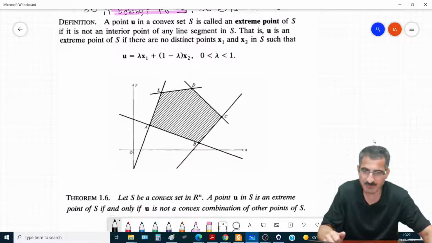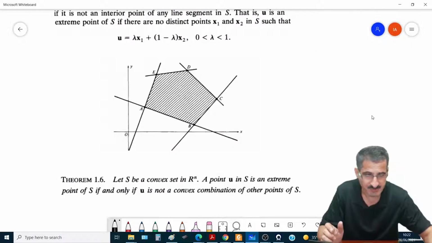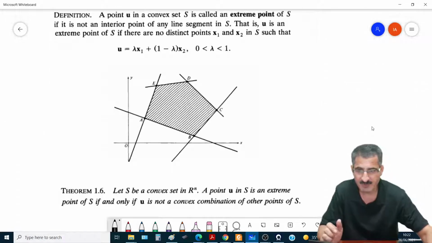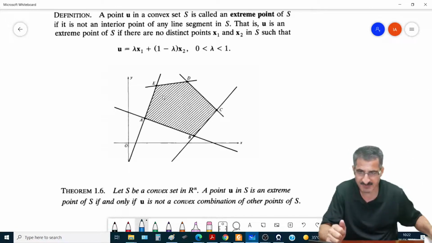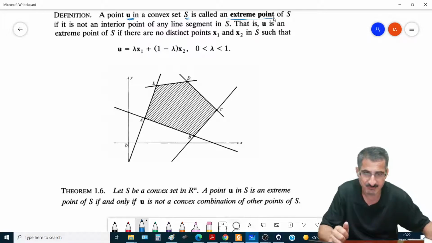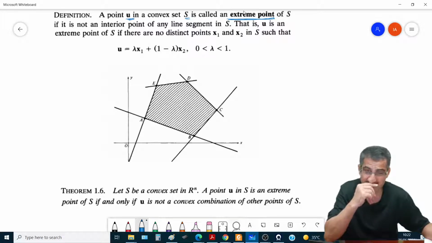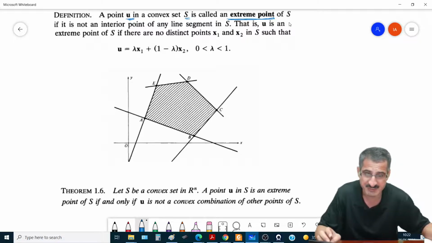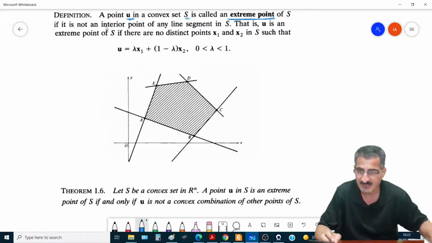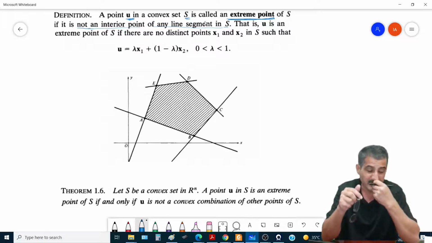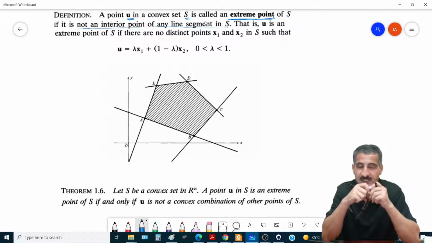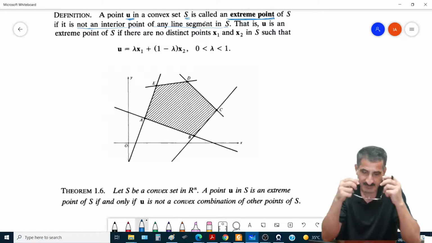Okay, now we go to the definition of extreme points, corners. A point U in a convex set is an extreme point. This definition will go with us for the remainder of the course. It is an extreme point of S if it is not an interior point of any line segment in S. So it is an extreme point if it is not on any line segment joining any 2 points.